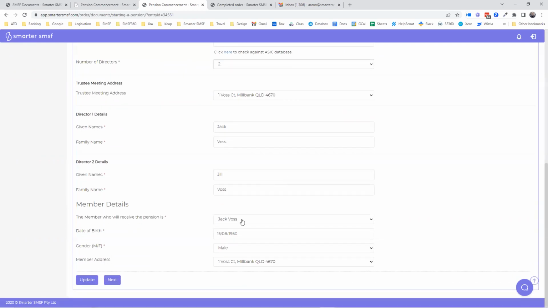We then will choose our particular member. And again, the integration, if you have multiple income streams being started in a year, the functionality of the API will allow you to pull in multiple pensions, and they'll be stored in your saved orders to be able to produce the different documentation for those 1, 2, or 3 pensions that you might have started during the year. So I've got Jack here, we've got his male, date of birth, and so forth.